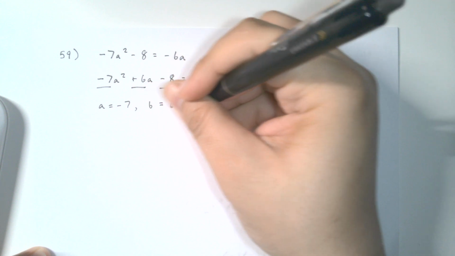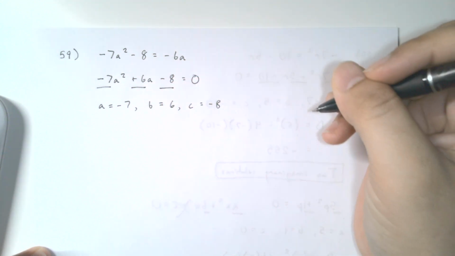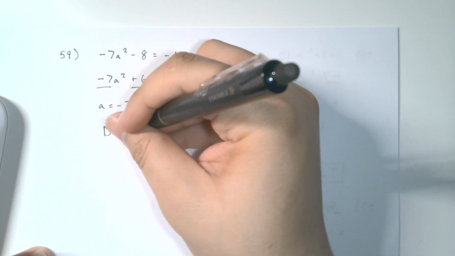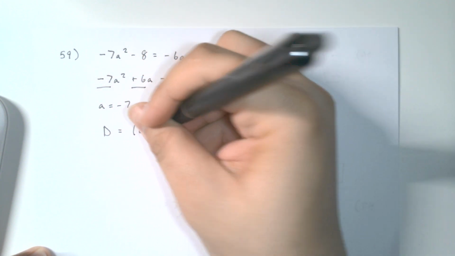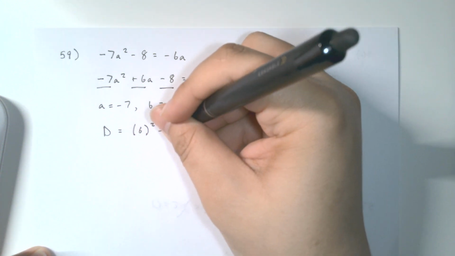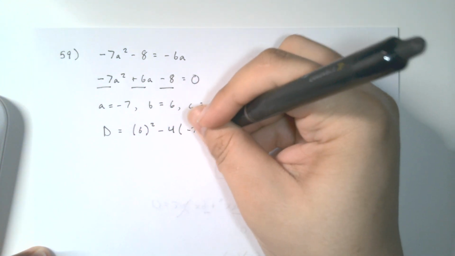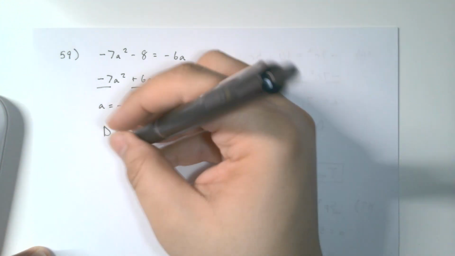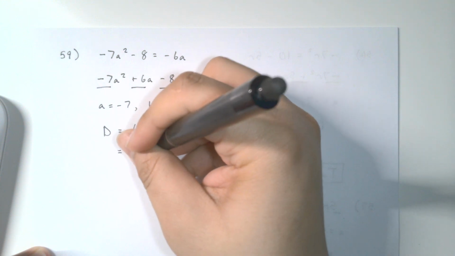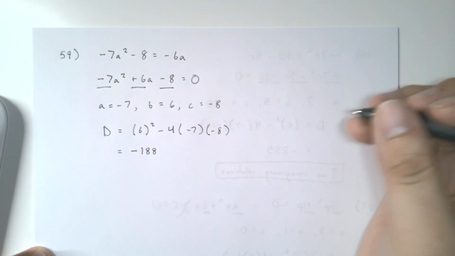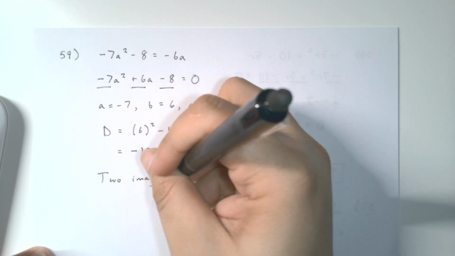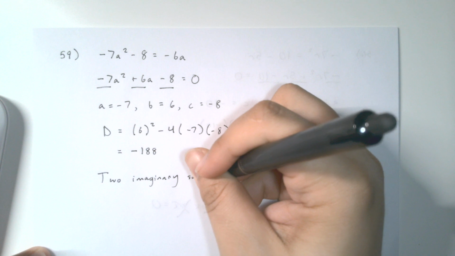A is equal to negative 7, b is equal to 6, and c is equal to negative 8. Discriminant is b squared, so 6 squared, minus 4 times a, which is negative 7, times c, which is negative 8. And calculating this out, we get negative 188. And so we say that this has 2 imaginary solutions.